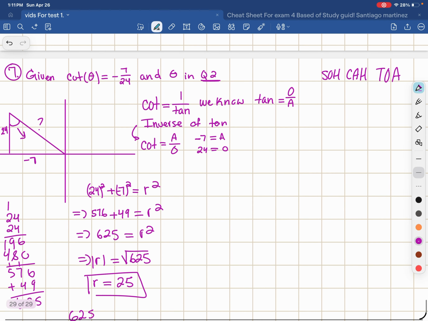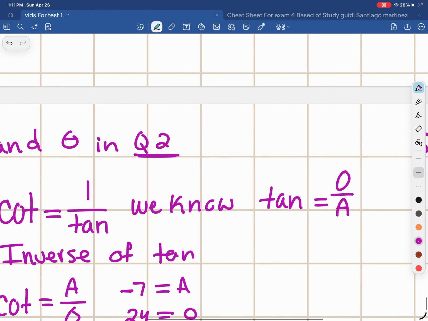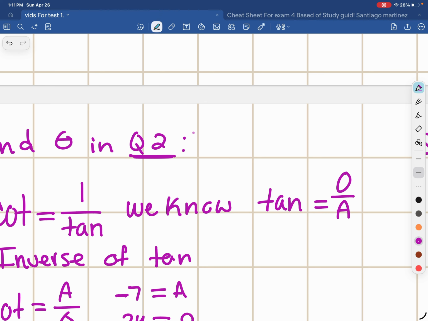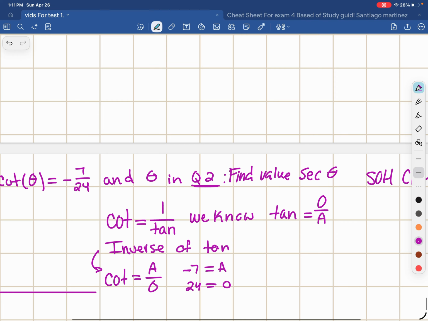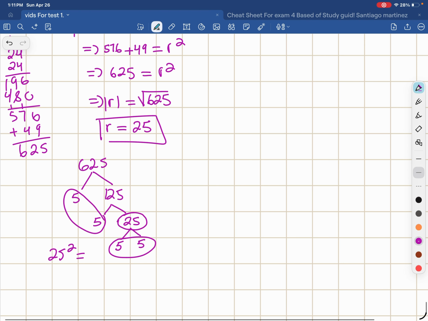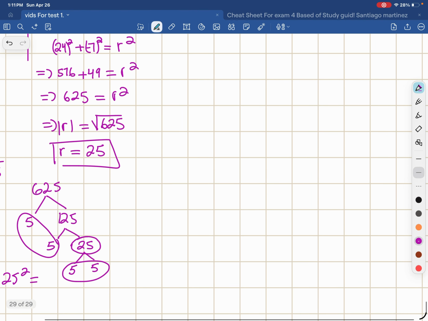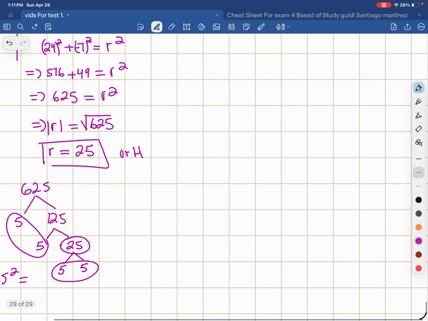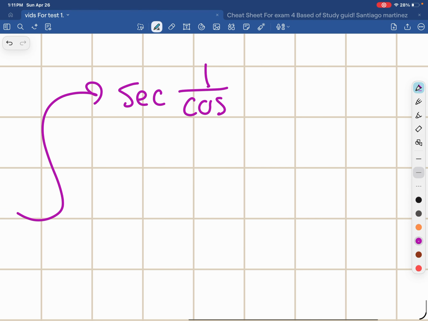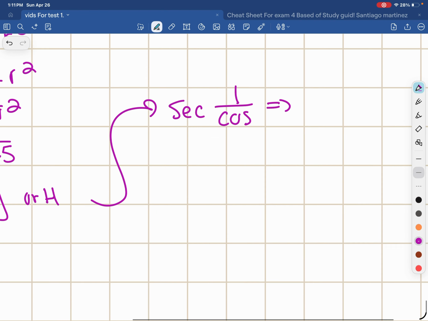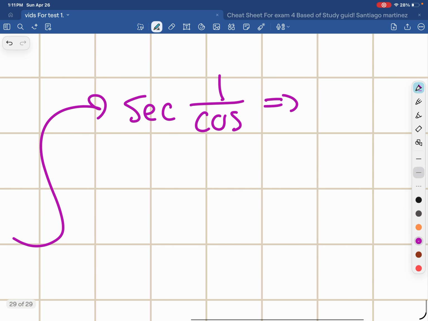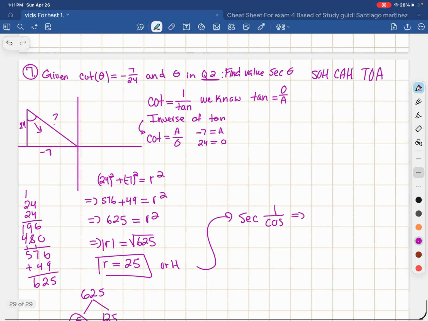But keep in mind that this question was also, my apologies, I forgot to answer this as well. It's also asking to find the value of secant. To do that, we have our r now, or our h, better yet, so we can plug it in. We know secant is 1 over cosine. And to figure that out, we have our cosine. So what's cosine? Cosine is a over h.